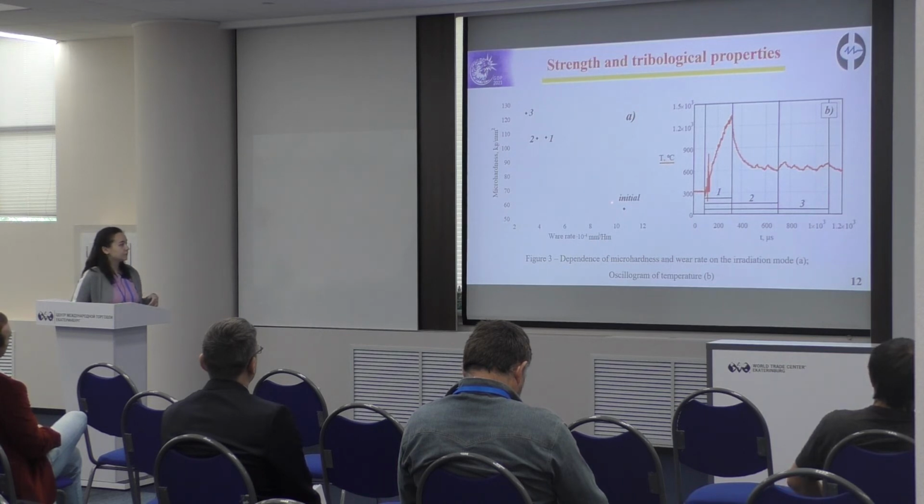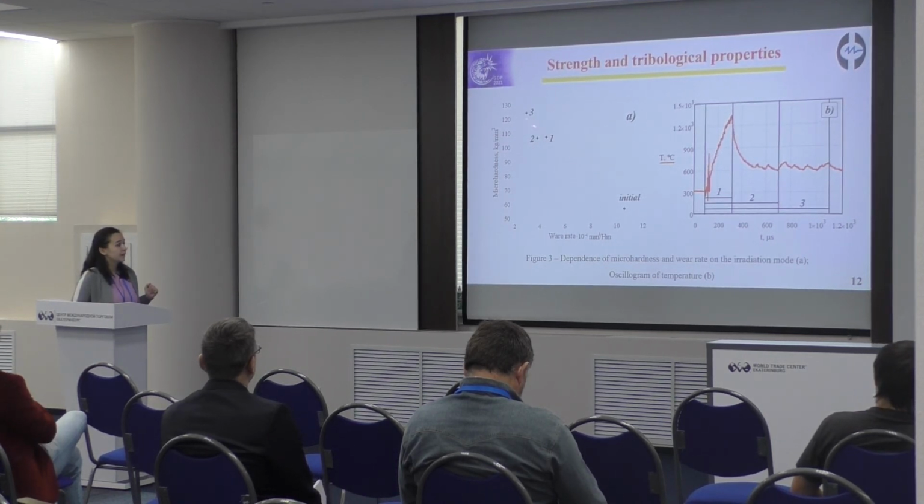Here is microhardness and wear rate for the initial specimen that was not irradiated by the electron beam, and you can see that after the first 200 microseconds, the microhardness increases almost 2 times, and the wear rate decreases almost 3 times. But then after keeping the temperature, we see that the results get better, and the longer we keep this temperature, the better the result we get.